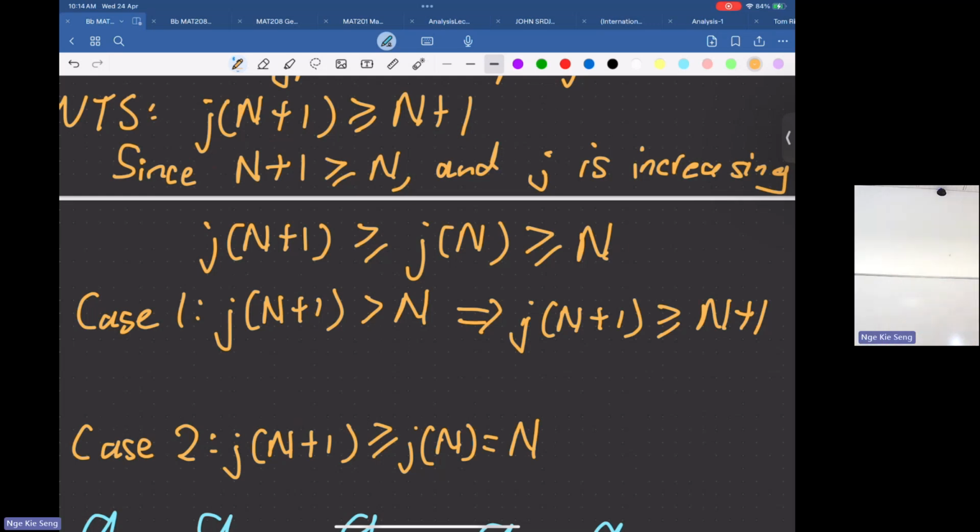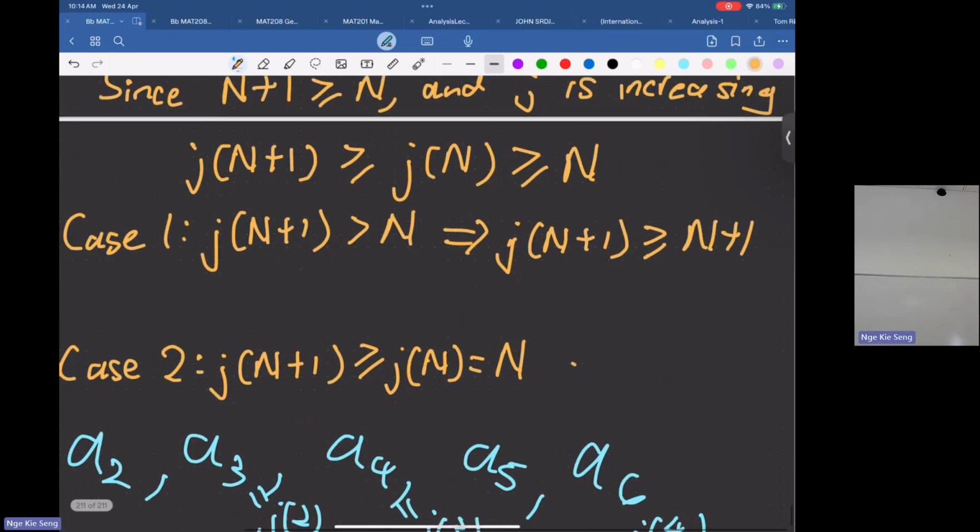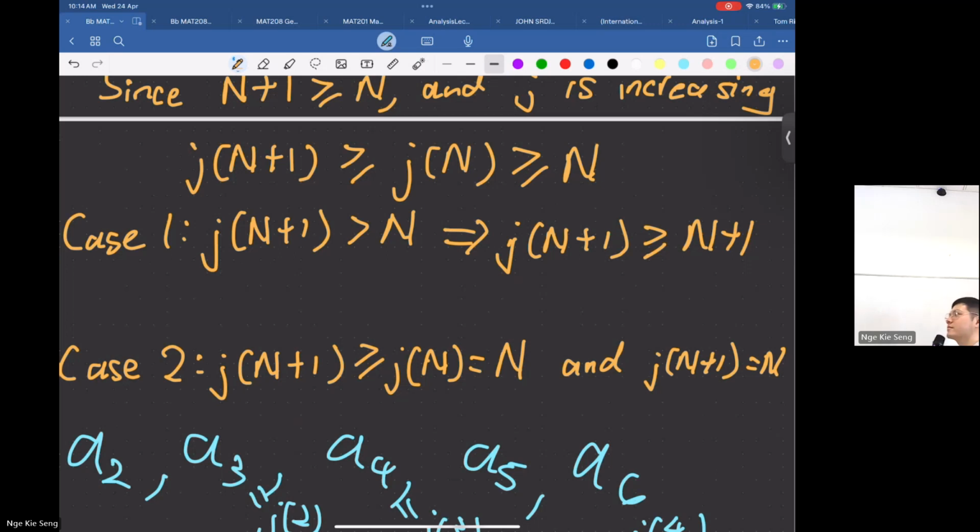If Jn equals n, and Jn+1 equals n, no, I mean Jn could be strictly greater than n, right?